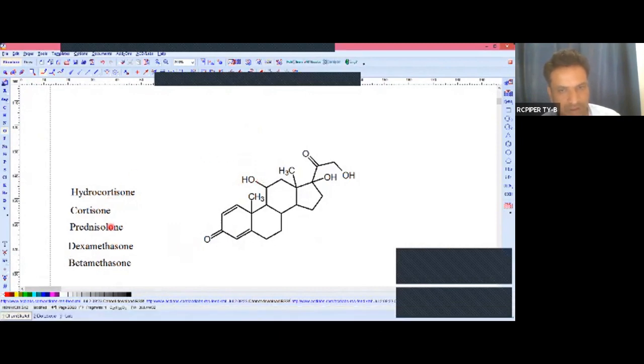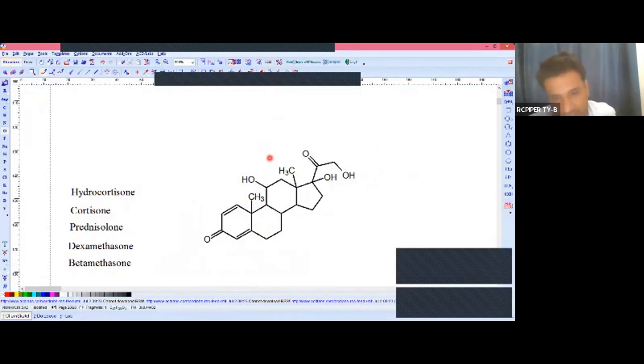Then for prednisolone, you again reduce the 11 carbonyl group and convert it into a hydroxyl group and insert one extra double bond at carbon number 1 and carbon number 2. So in the case of prednisolone, the anti-inflammatory property, that is glucocorticoid activity, is improved, and it is greater than the mineralocorticoid activity.